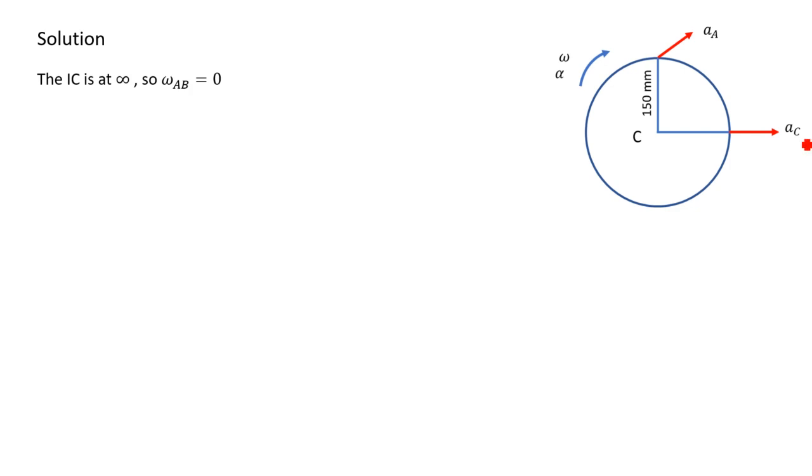Now we come to the next step. The central acceleration AC is going to be equal to omega square multiplied by the R value, which is 0.15. And again, the acceleration at the center is going to be equal to 0.6 meter per second square.